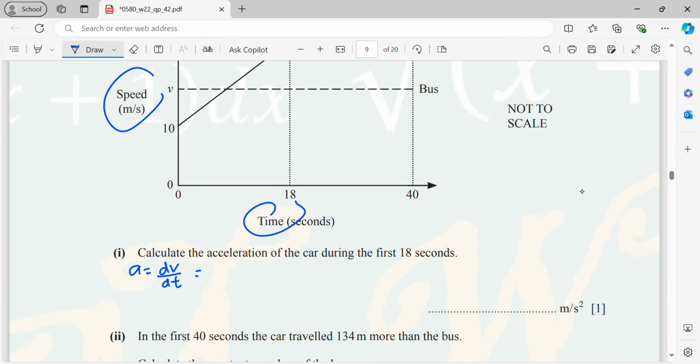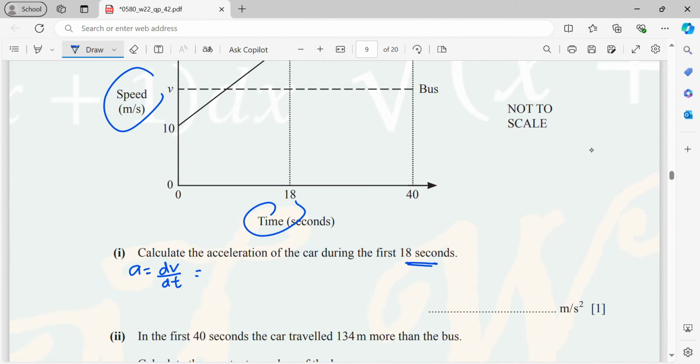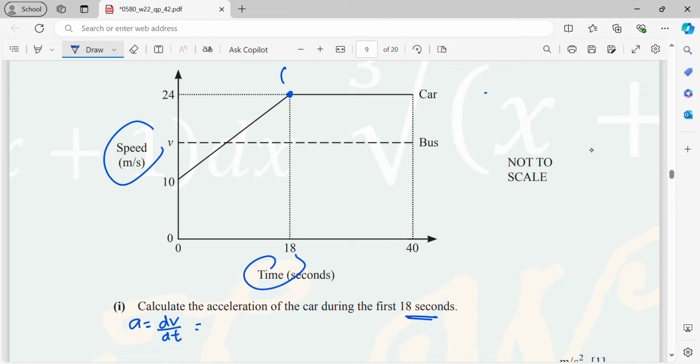Now the first 18 seconds, that means this point with coordinates. I need to find out what the V is here first, the difference of the V. Or I would say this is the change of V over the change of time.